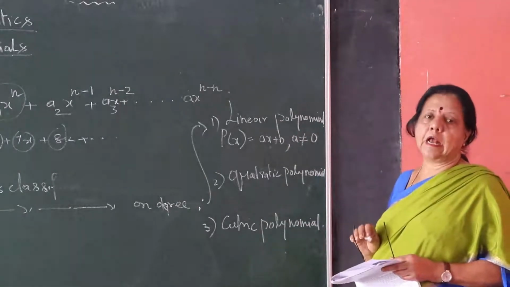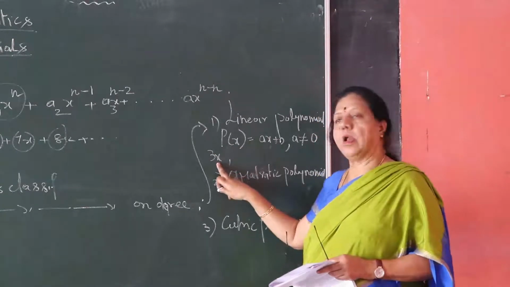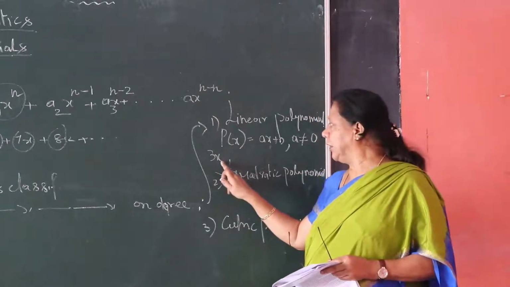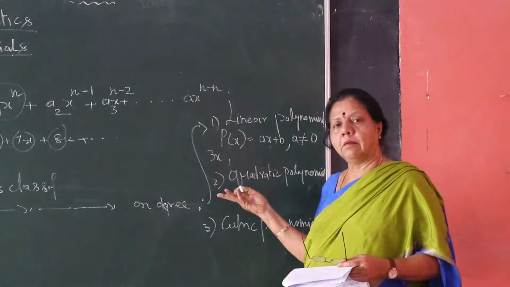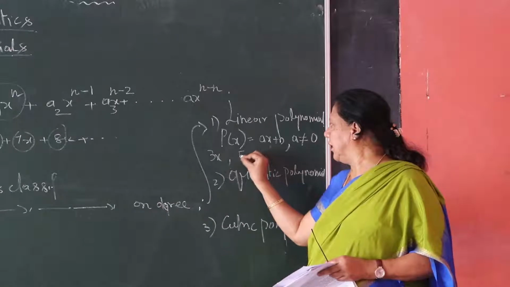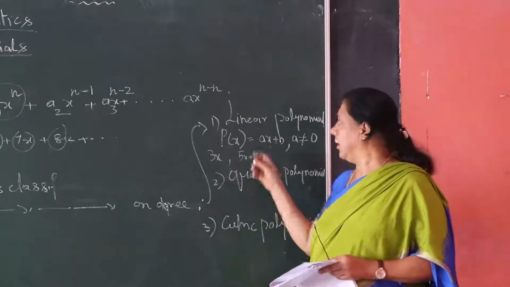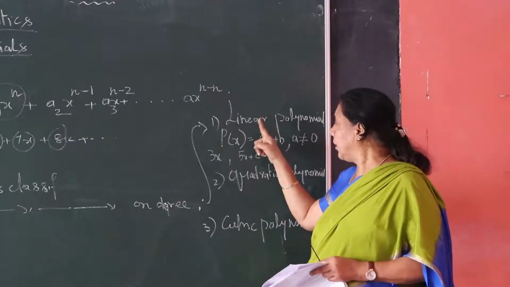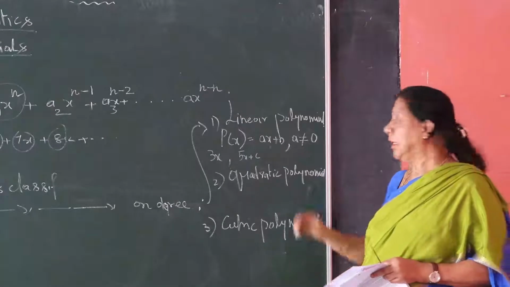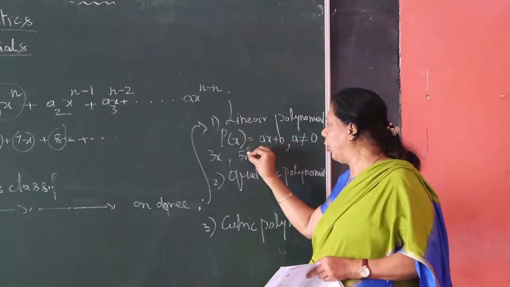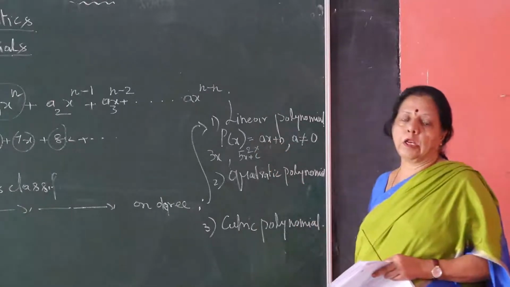Example, generally in algebra, see here 3x. This is a linear polynomial. See, the coefficient of x is 3. The power is nothing there. Now 5x plus c. See here, x has no power. Only then do we call them linear polynomials. Suppose, for example, if it has a 2 as power, no, it is not a linear polynomial.